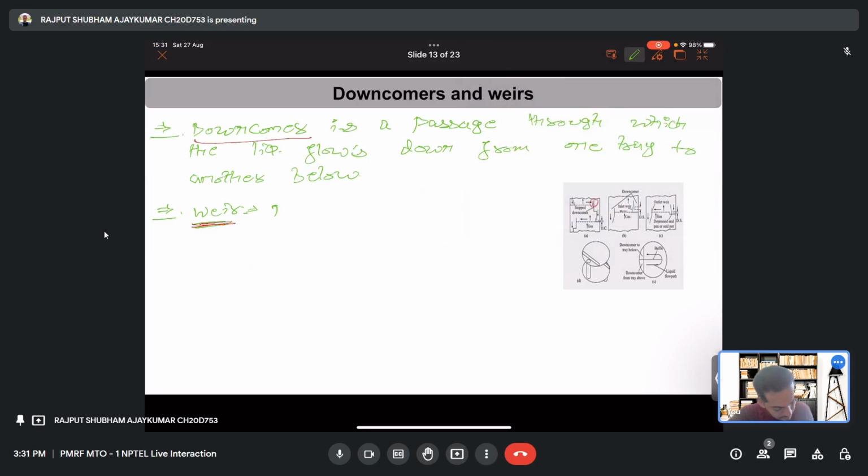And the desired depth of the gas liquid contact is maintained on the tray using the weir.